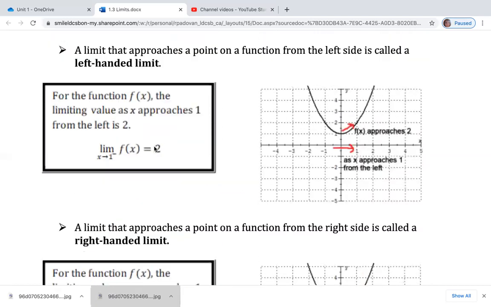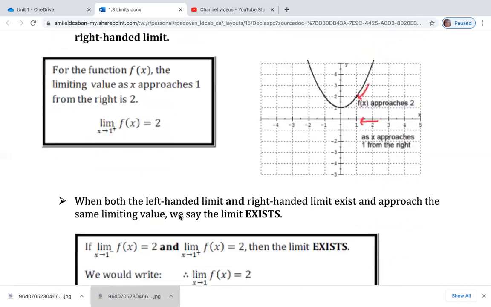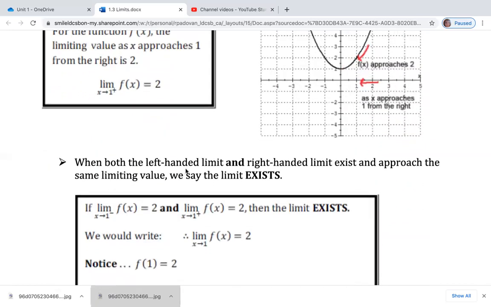So for the left-hand side, I had a value of 2. For the right-hand side, I have a value of 2, which is what this is saying. When both the left-handed limit and the right-handed limit exist, and they both approach the same value, then we say that the limit exists. So for example here, if the limit as x approaches 1 from the left-hand side was 2, and the limit as x approaches 1 from the right-hand side is 2, then the limit exists.